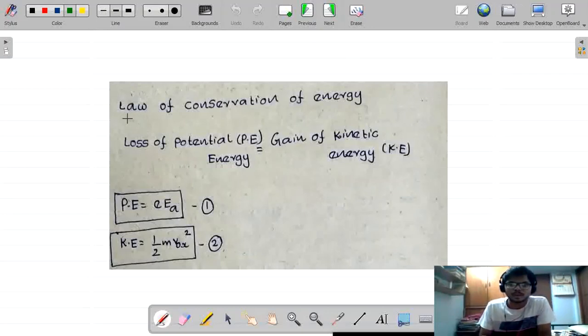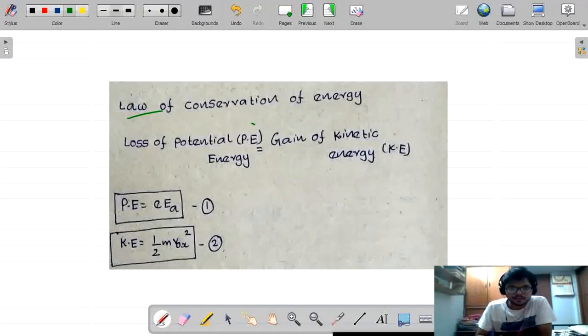Now, the law of conservation of energy. What does it say? The kinetic energy our system has gained is exactly equal to the potential energy lost by our system.